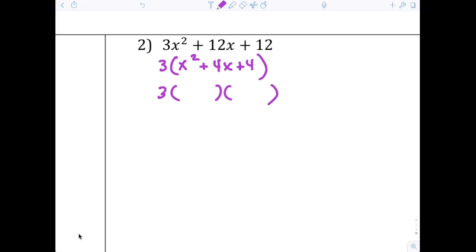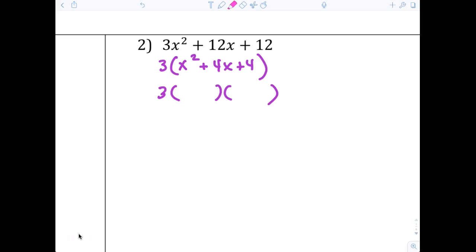2 sets of parentheses. I got you. It's right here. All right, Hanson, what am I doing? How do I make x squared? 2 x's.